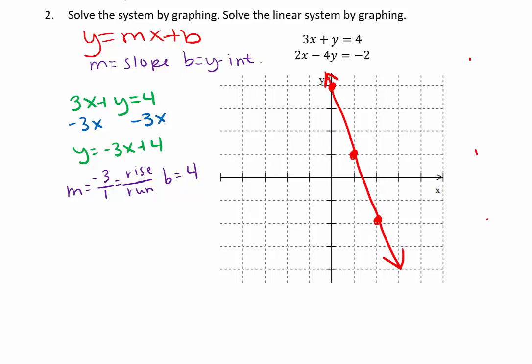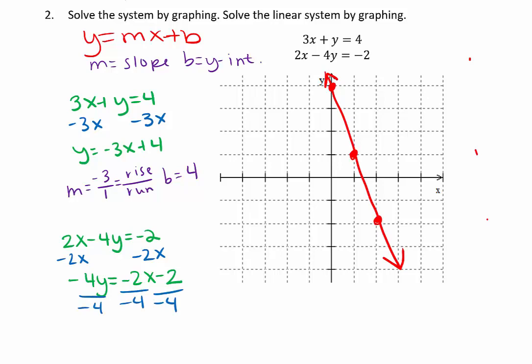Now let's do the exact same thing with the second line given. To put it in slope-intercept form, we're going to solve for y. So I'm going to start by subtracting the 2x. Then I can divide everything by -4. That gives me y equals 1/2 x plus 1/2.